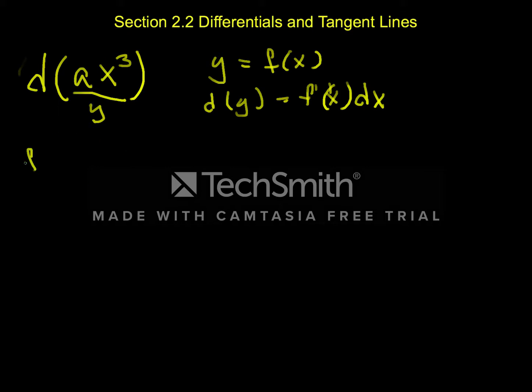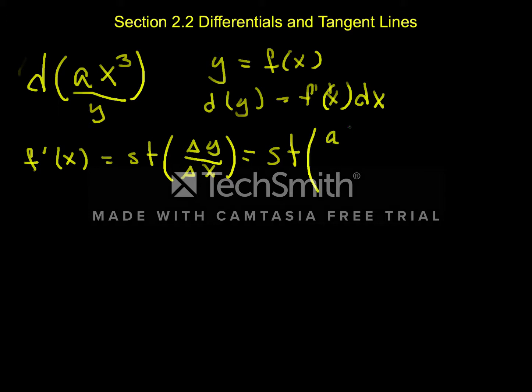Going to our definition, we know that f prime of x is the standard part of the change in y over the change in x, where change in x is an infinitesimal. And so here our y is ax cubed, so this is going to be the standard part of a times quantity x plus delta x, cubed, minus ax cubed, all divided by delta x.